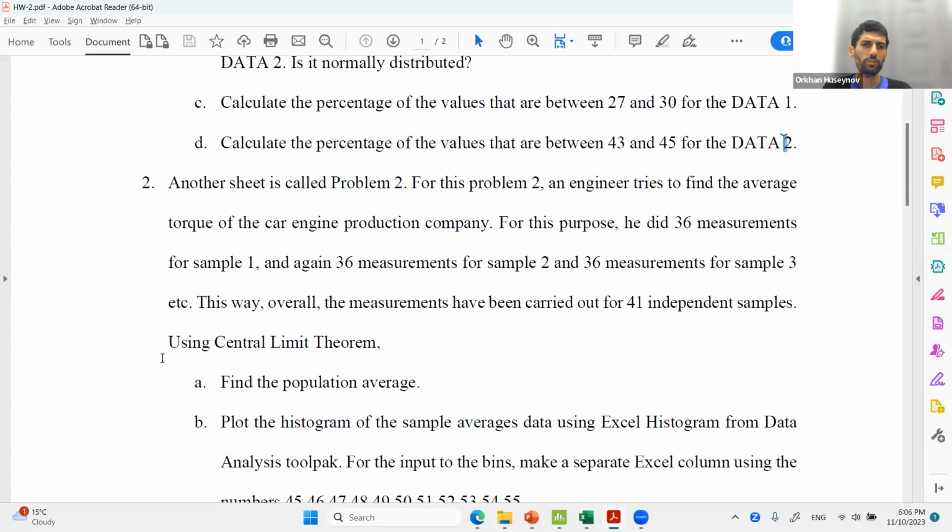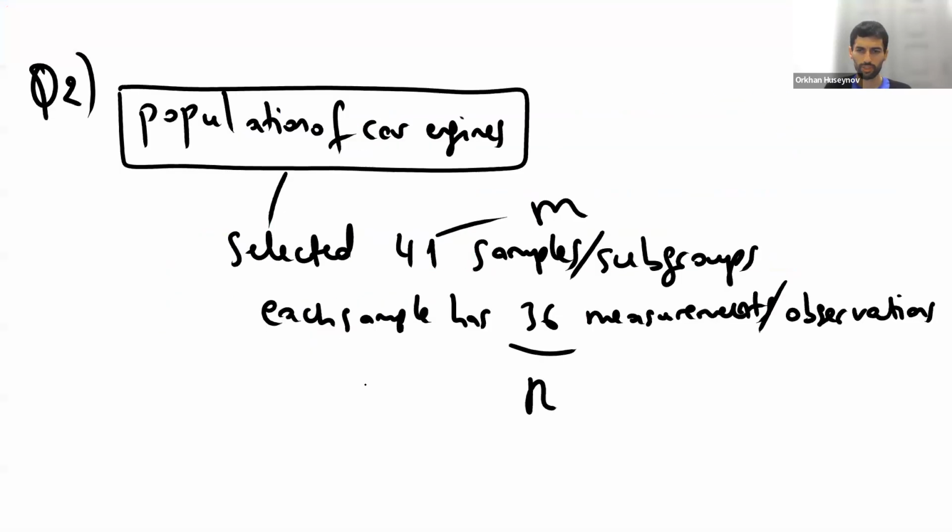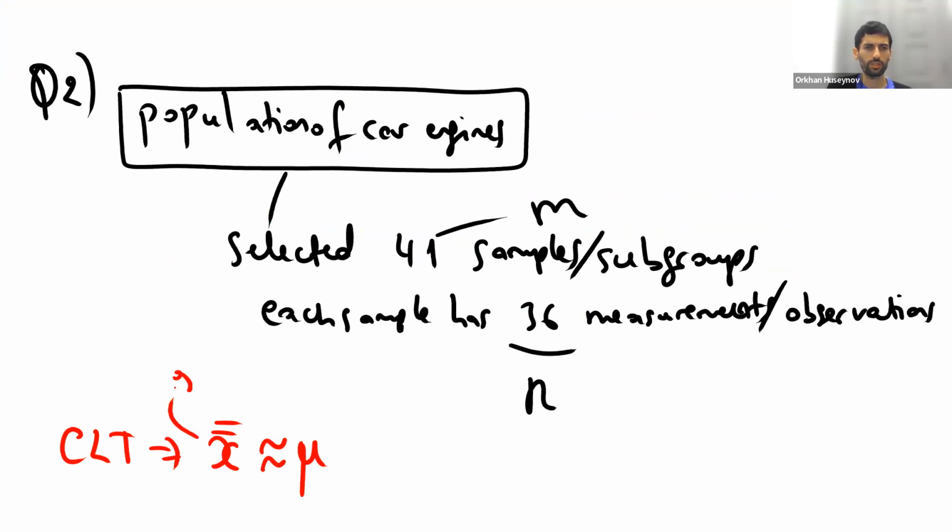Then the question says that using central limit theorem, find the population average. Okay, the first one, part A. The central limit theorem says that the grand average is almost equal to the population mean. This one is the grand average, and this one is the population.